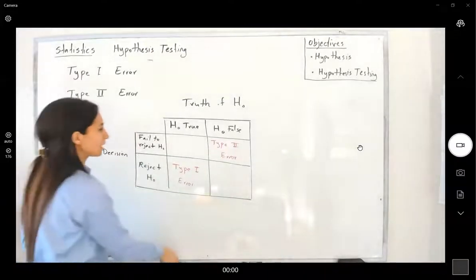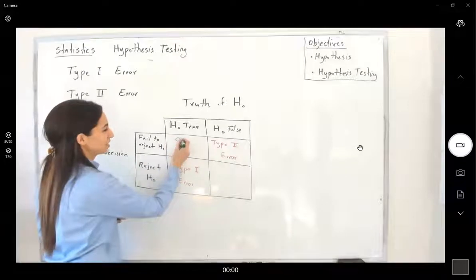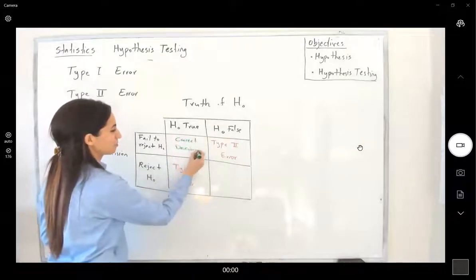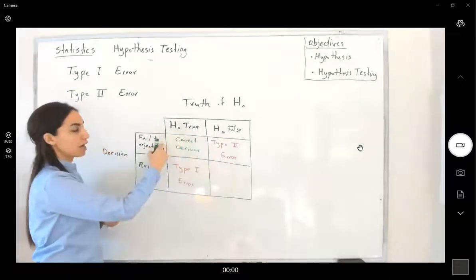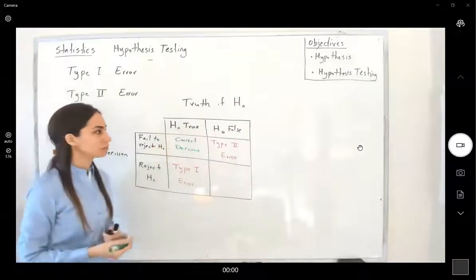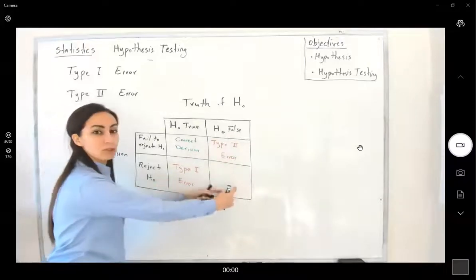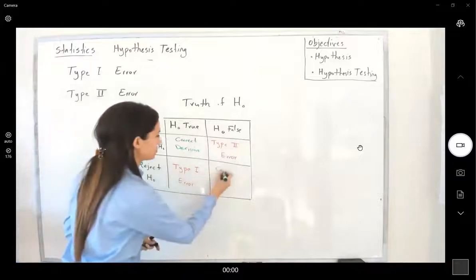In either of these other cases, you make a correct decision. What's the meaning of that? The null hypothesis is true and we fail to reject it. So it's a correct decision. If the null hypothesis is false and we reject it, again, this is a correct decision.